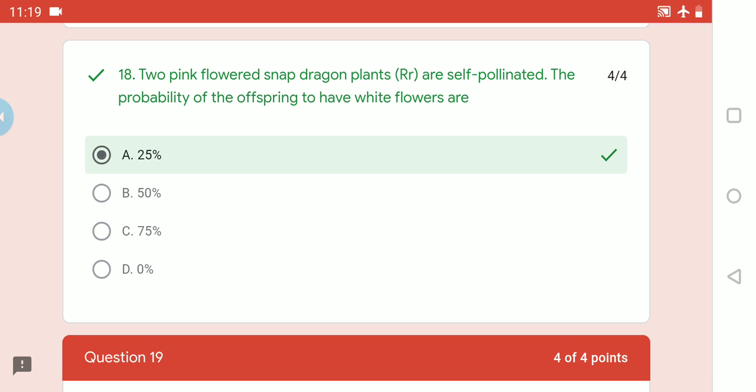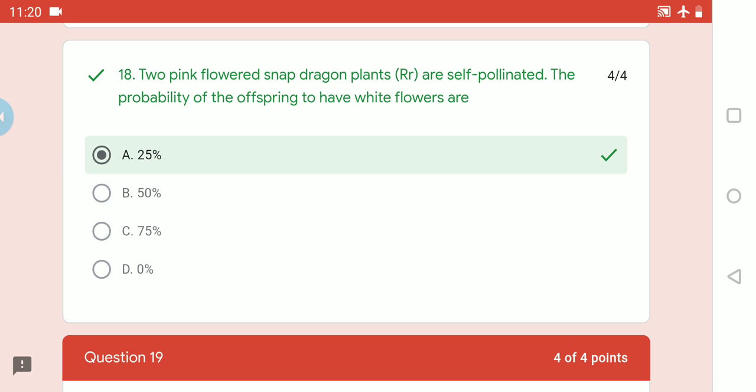During this process, in the beginning, we will cross a homozygous red flowered plant, capital R, with a homozygous white flowered plant. Then in F1 generation, we will get capital R small r, the filial first generation.